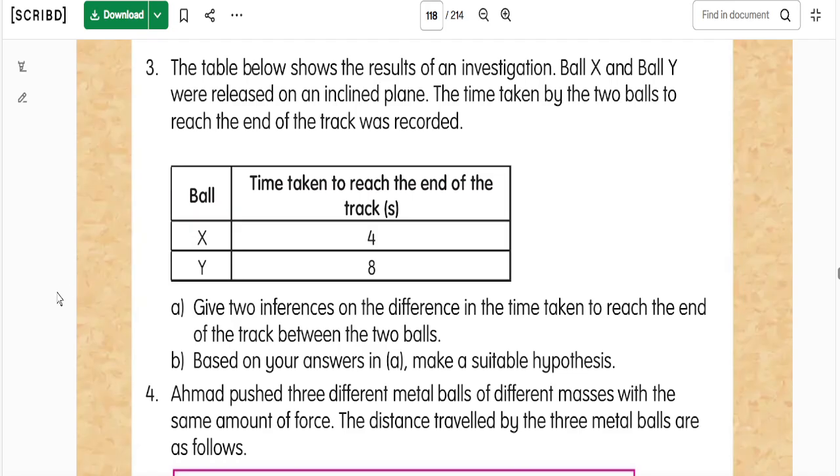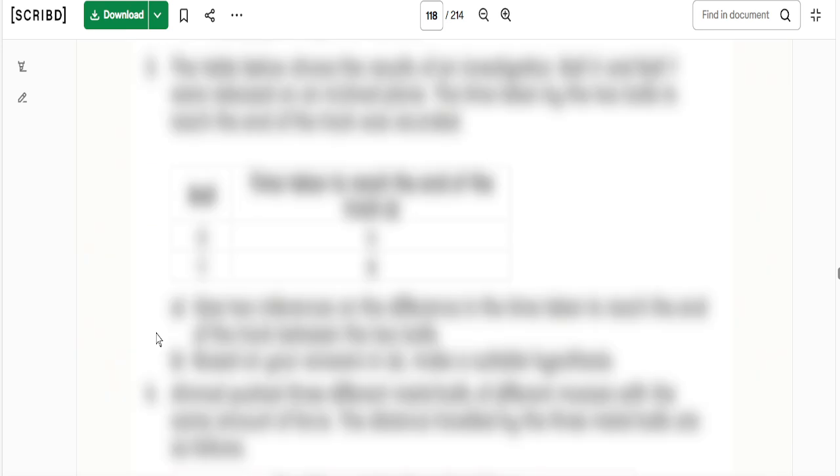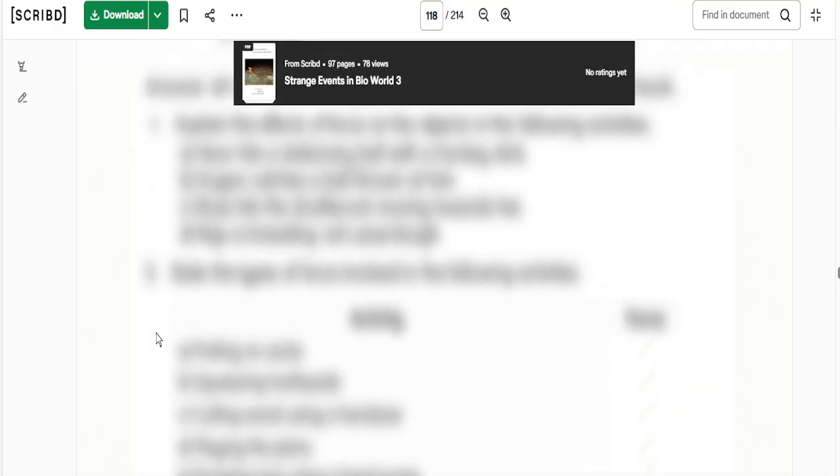Read A. Give two inferences on the time, like how much time they are taking to reach the end of the track between the two balls.